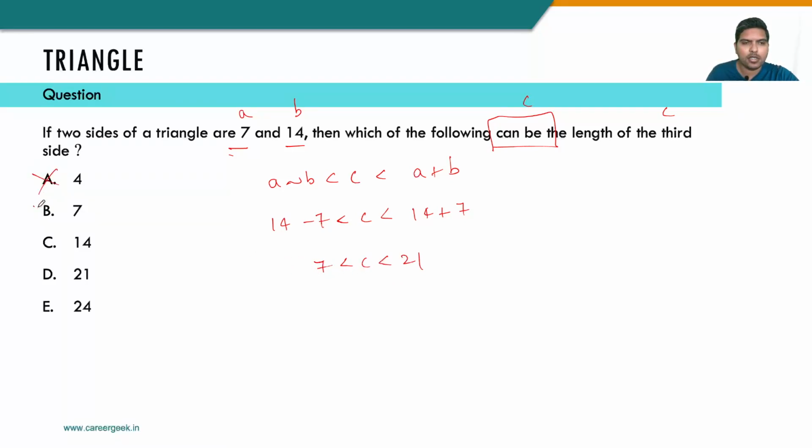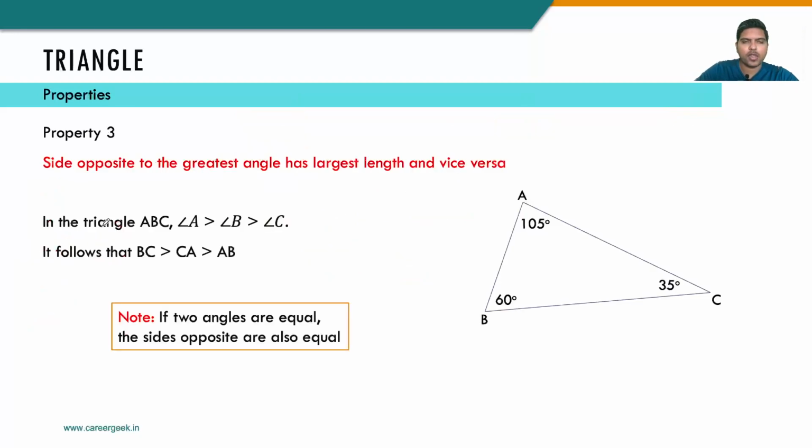So this is out and this is out. This is possible. And less than 21. So 21 cannot be included. So the only possible value is answer 14. So those are the two properties.